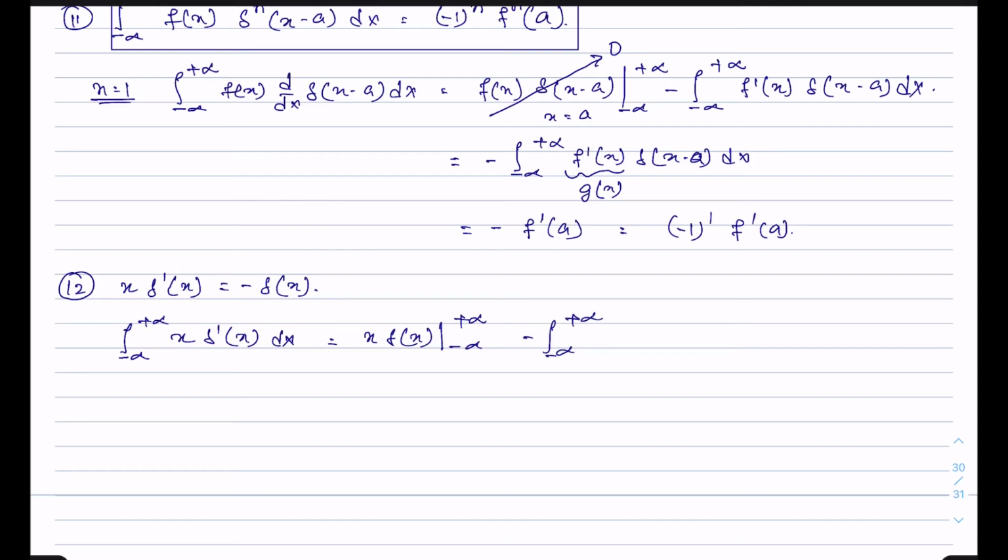Now you have to differentiate x with respect to x, which gives 1 times delta(x) dx. So it is minus the integral from minus infinity to plus infinity of delta(x) dx. By equating this one and this one, you can say that x times delta prime(x) is equal to minus delta(x), and this proves our property.